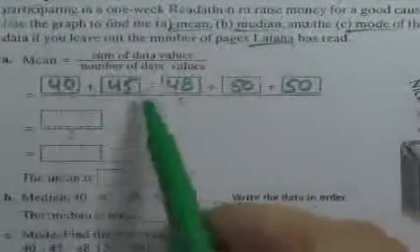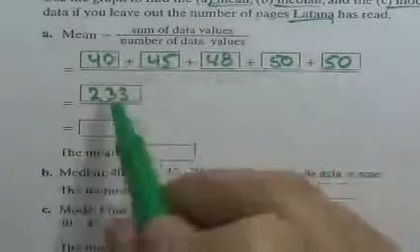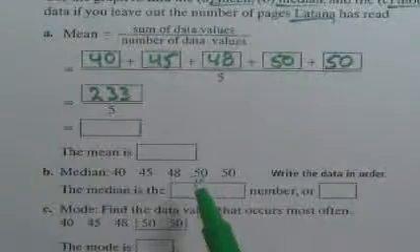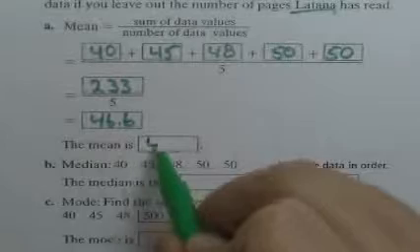We add them up, and it's 233. So you have 233 divided by 5. Why 5? Because there are 5 numbers. If I divide that out, you get 46.6. So the mean is 46.6.